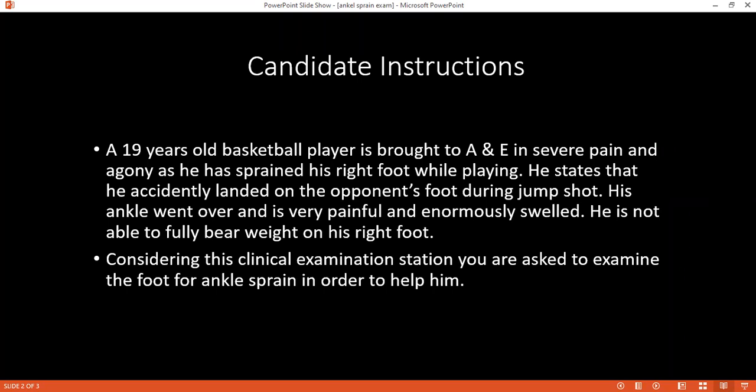Palpation of the knee joint, the ankle joint, the calcaneus, the metatarsals and the toes. Then I will start the right leg, the right ankle, and be gentle.